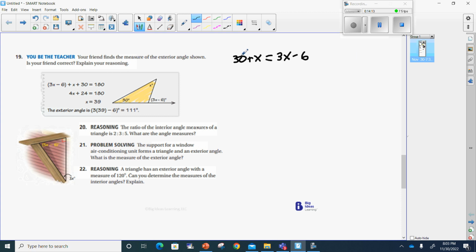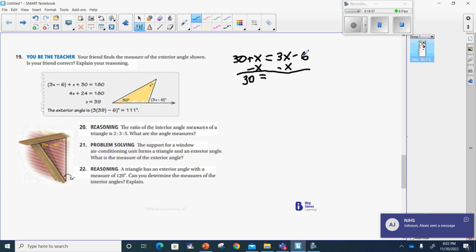Now, we need to combine like terms on opposite sides. I'm going to do x first to get a positive number. So I'm going to subtract x from this side, which means I'll subtract x from this side. This will give me 30 is equal to 2x minus 6.